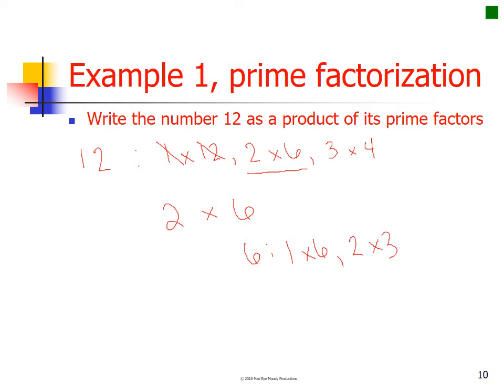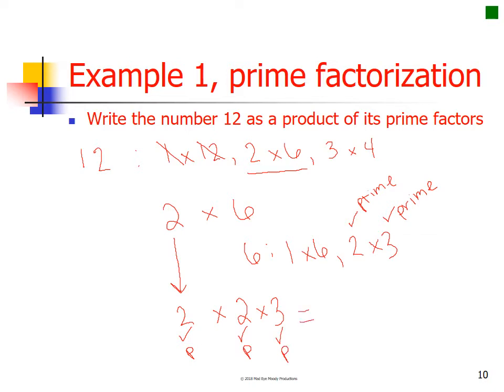If I look at 2 times 3, 2 is a prime number, and 3 is a prime number. So instead of writing 2 times 6, I can write 2 times, and then instead of 6, I can write the factors of 6, so 2 times 3. And then I have a prime number, a prime number, a prime number.